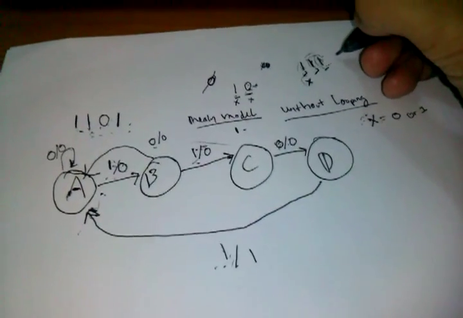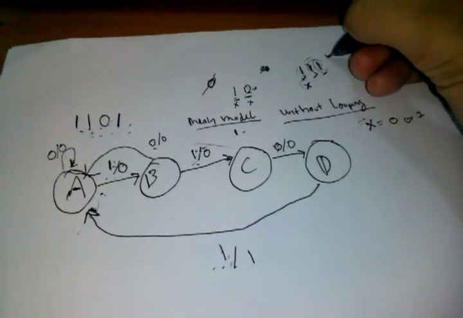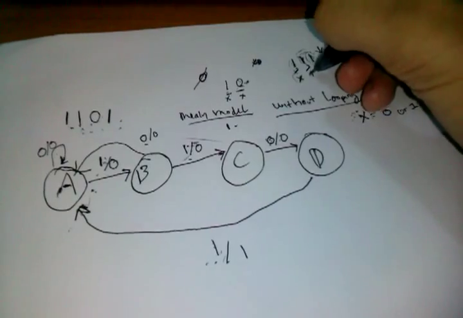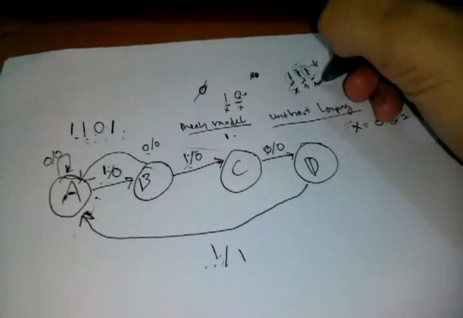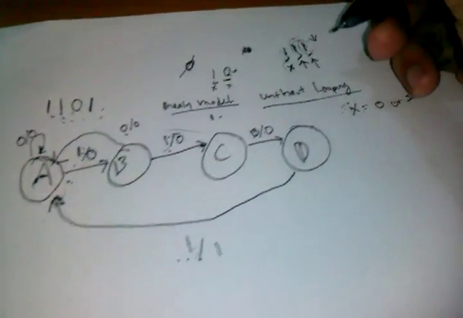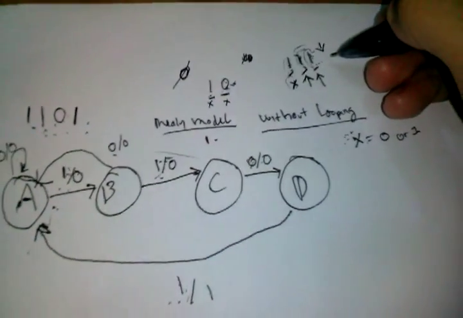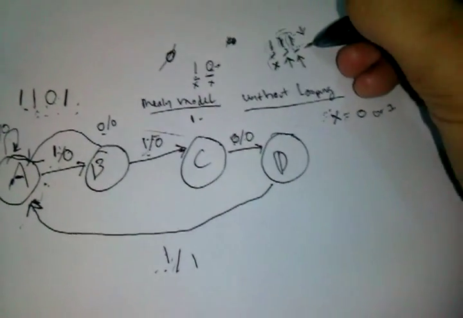Okay, and we only need to wait for the third digit here. This is the first digit, the second digit, and then we only wait for the third digit here.